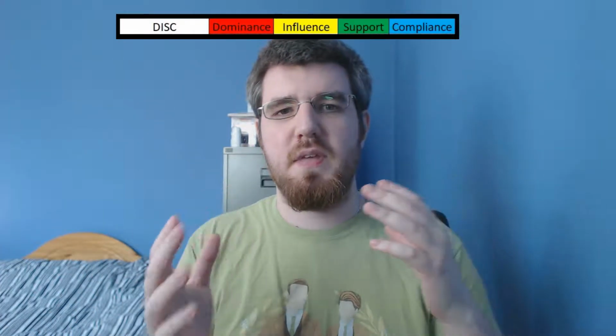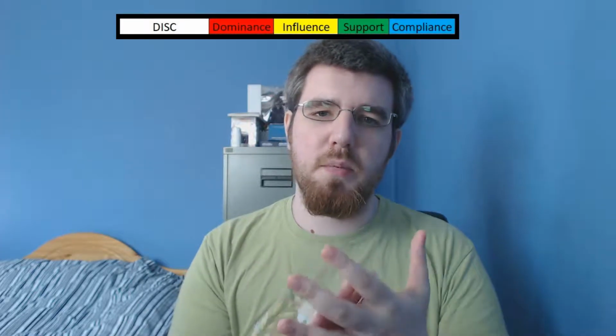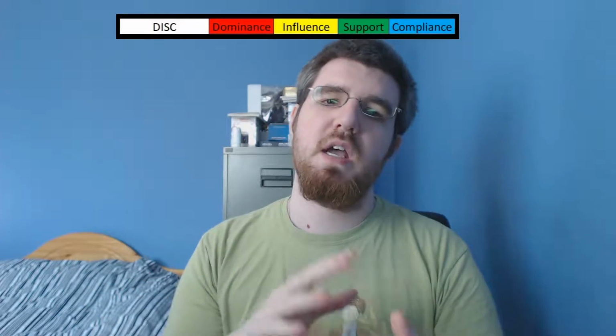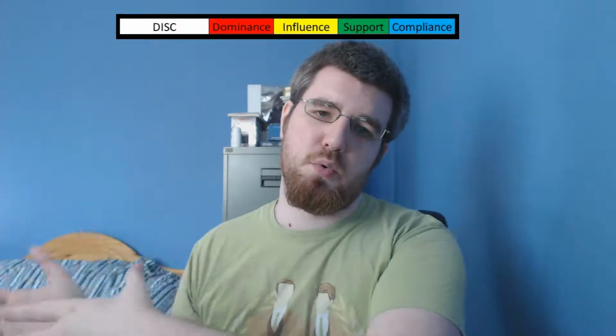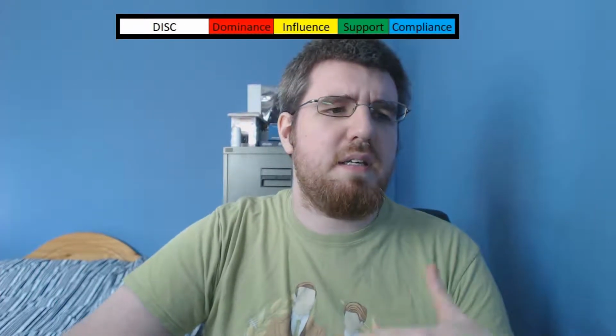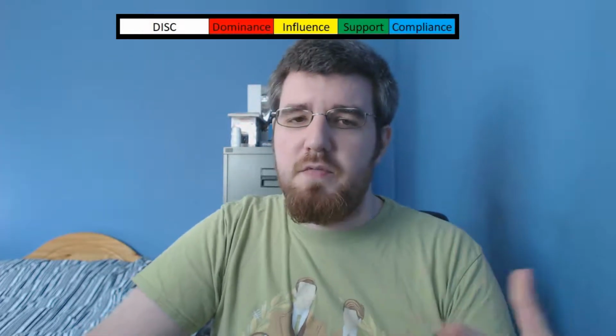Then on top of that, you've got the other split, where dominance and compliance are much more task focused, and influence and support are much more people focused. I've gone over that a load. I did a whole video on each section of that a while ago, and I reference it an awful lot.